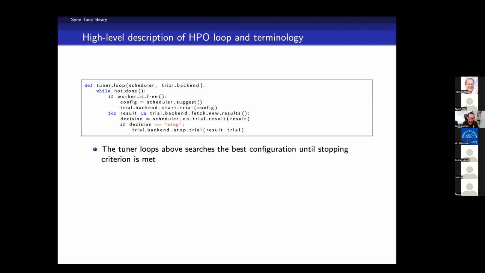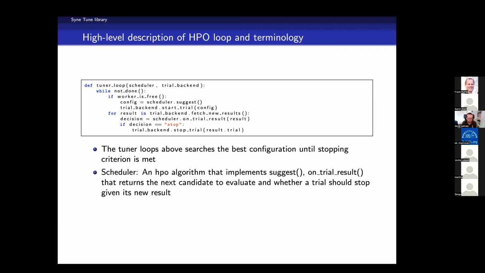So the tuner loop runs until the stopping criterion is met. The scheduler is like the HPO algorithm, so it has to suggest a new configuration when there is some space in your backend, and when there is a result, it needs to react to it.